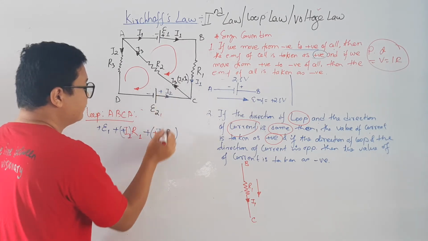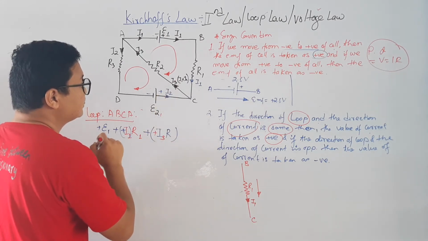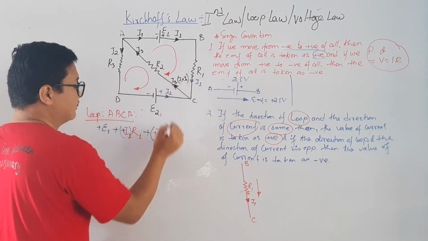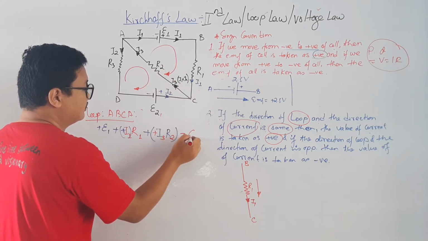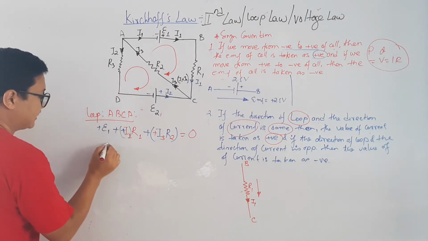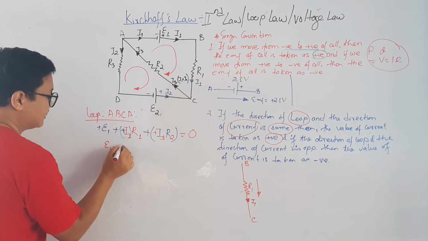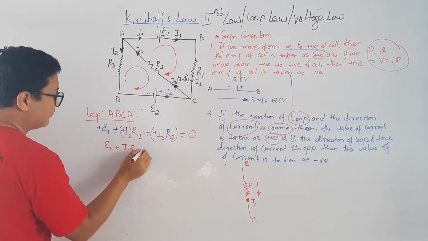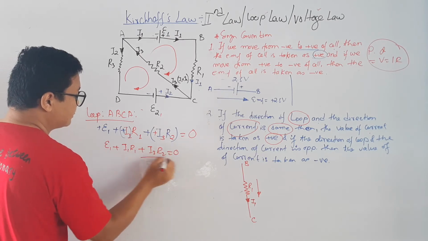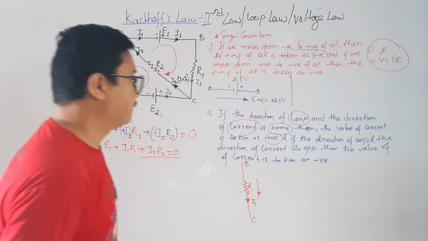How much is the current? This is I3, which is equal to I1 plus I2. And the resistance is my R2, and this will be equal to 0. Okay, so let me write it again: E1 plus I1 R1 plus I3 R2 is equal to 0. So this is my Kirchhoff's law.